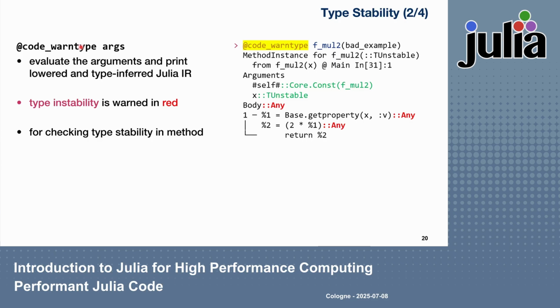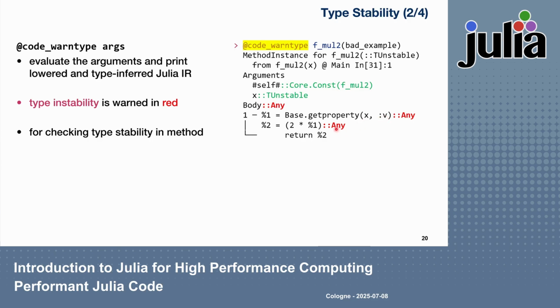For example, type instability will be highlighted in red. Any is red, Any is red. So for Julia, if you see something that is red in the output, it is not a good signal. For example, there may be a syntax error or maybe something like Any. Those are not good for the performance.